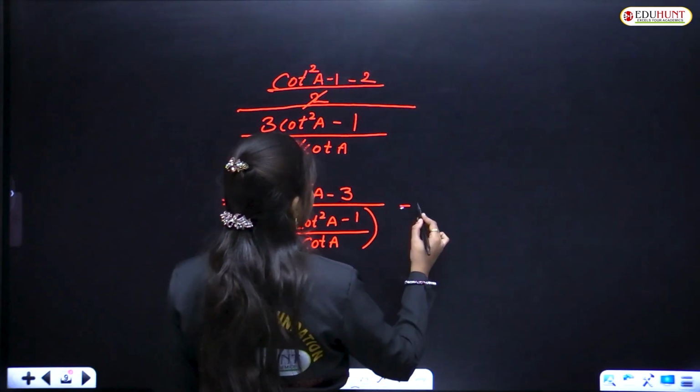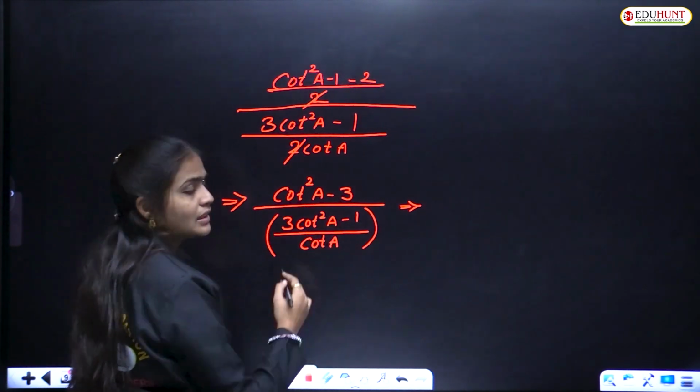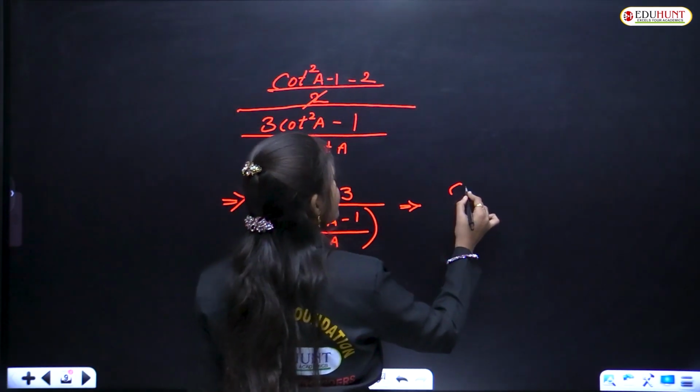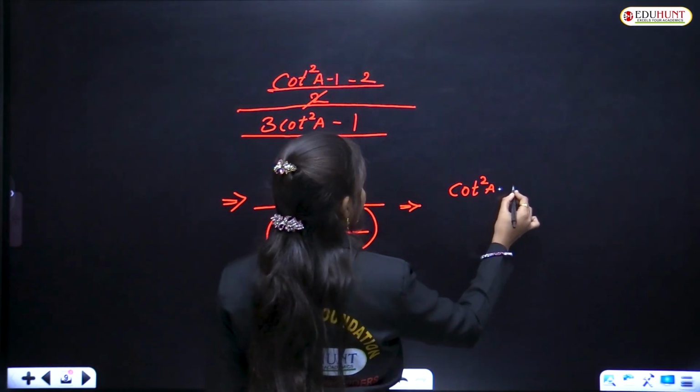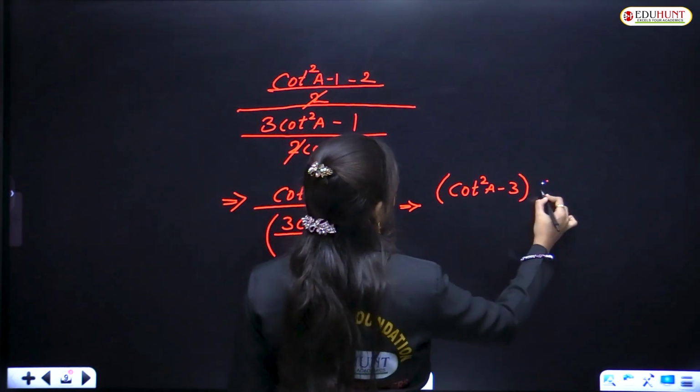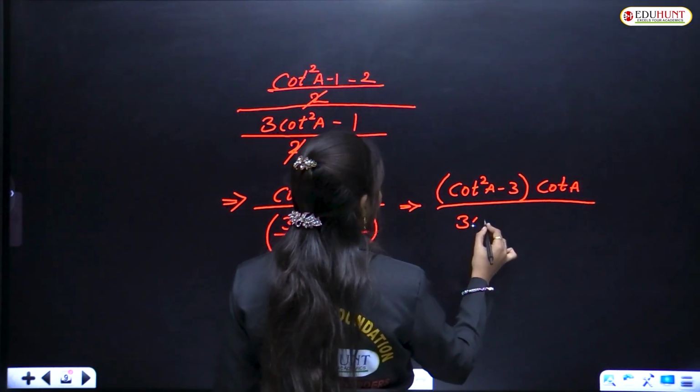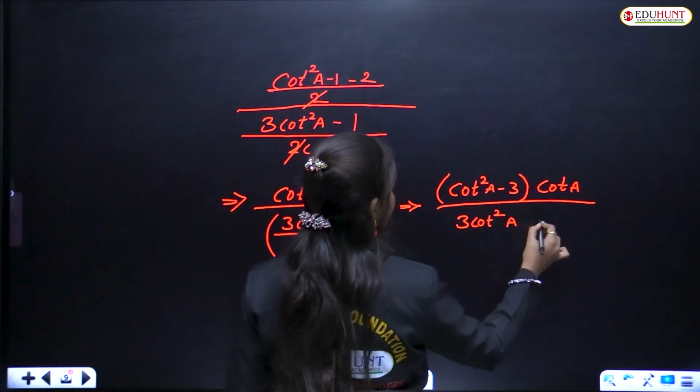In the denominator we have a fraction, so that becomes a reciprocal. So cot square A minus 3 into cot A, whole by 3 cot square A minus 1.